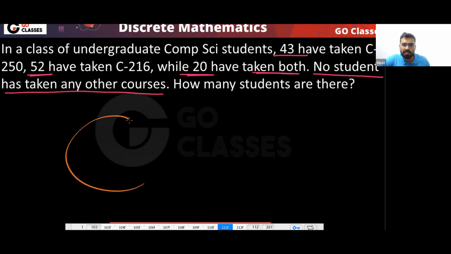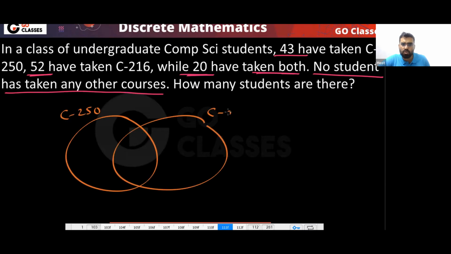You can notice that some students have taken this course C250, and some students have taken this course C216. 43 students have taken this course, this course is taken by 52, and both of them have been taken by 20 students.